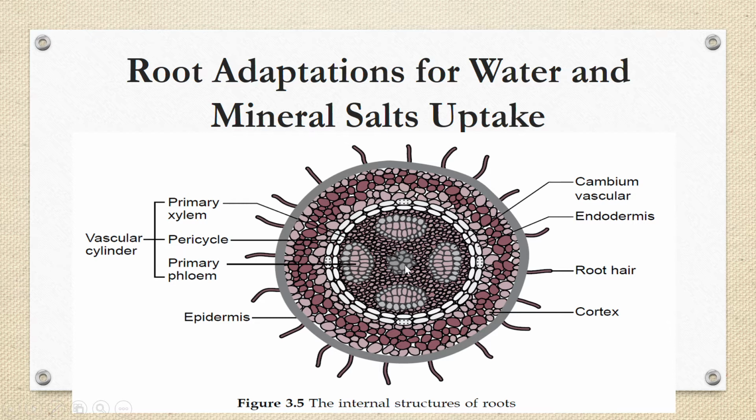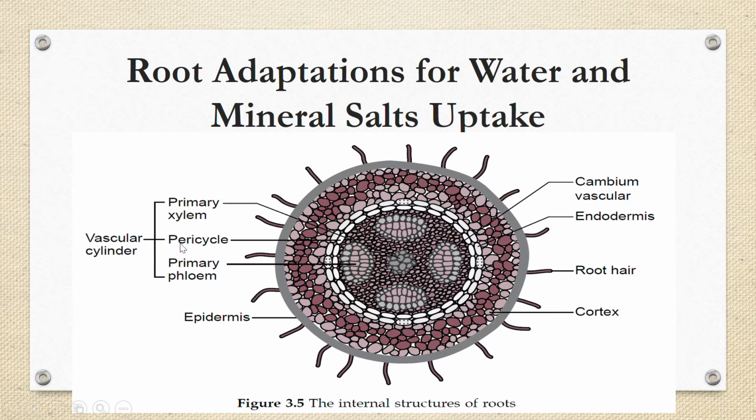Okay, this middle portion is the primary xylem, and you have the primary phloem. It's like a star shape, or if you look at it, it's like an X for me. Okay, X stands for xylem. So whenever you see an X like this in the middle, immediately it tells you that this is the structure of a eudicot root, not a monocot root.